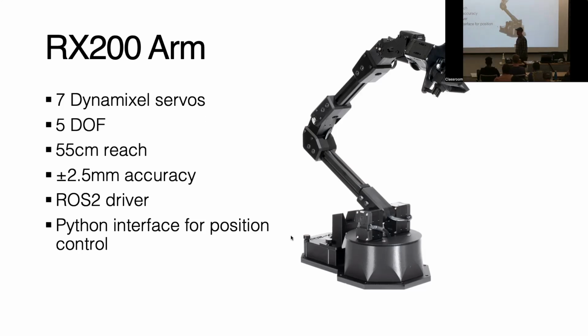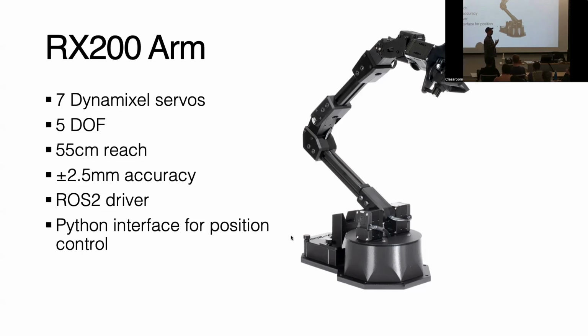All right. So for this term, we've gotten working the newer ROS2 driver for the arm, and so we'll be using ROS2 for this lab. And so basically all the communication that you're going to do with this arm is handled already with this driver.